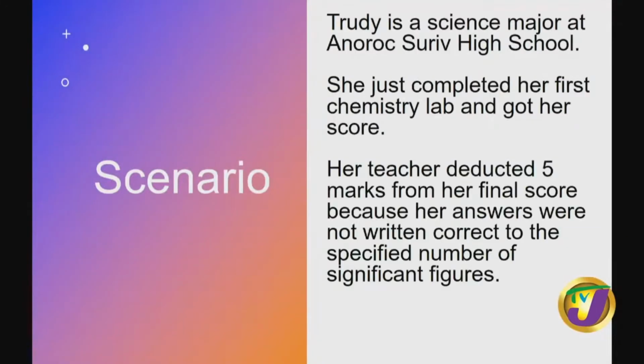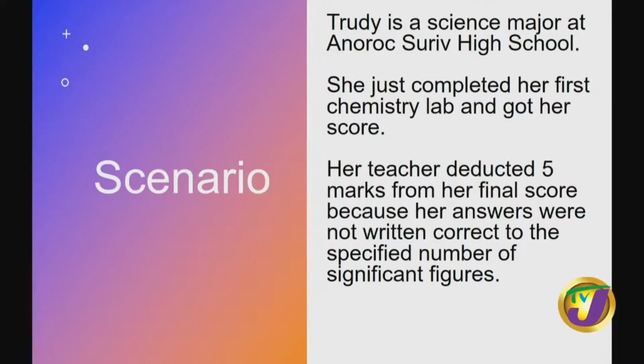So we have another scenario here. Our friend Trudy is a science major at Anorak Surif High. Get it? Coronavirus high. All right. She just completed her first chemistry lab and got her score.